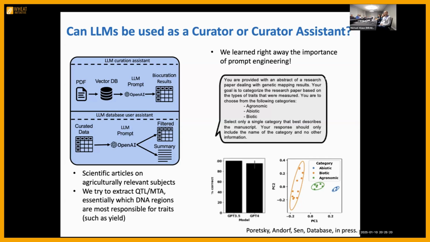We focused on the QTLs, and this work is essentially done by Eli here in Koreski, so I am presenting his work. We gathered a bunch of PDFs that we know what they contain, because our curator went through them and curated the data from there. So we knew what we could use as a validation set.